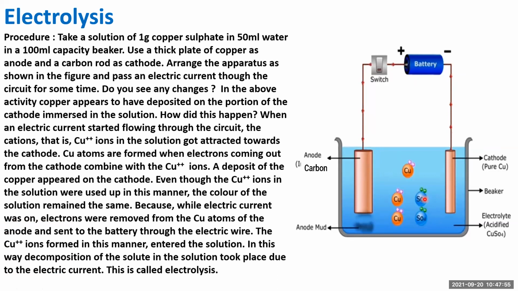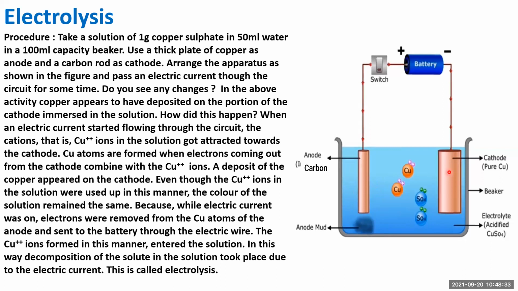After the dissociation of the ions of copper sulfate, the copper is attracted toward the cathode, that is the negatively charged electrode, and SO4 is attracted to the anode, that is the positively charged electrode. Now what happened? Deposition of copper on the electrode, the deposit can be seen as a layer over the electrode.